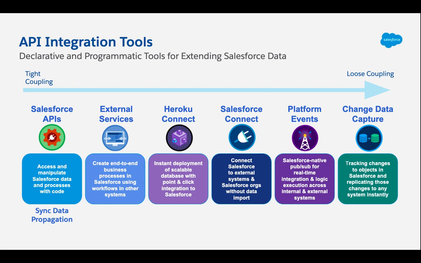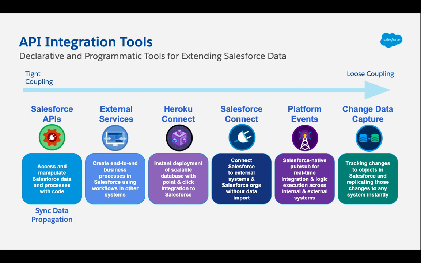In addition to those programmatic capabilities, those APIs also power a number of declarative integration options, one of those being external services. External services allows you to declaratively connect to the APIs from other systems so that the logic can be brought into Salesforce as part of a business process. For example, let's say you need to perform a credit check on a customer, like I used in an earlier example.